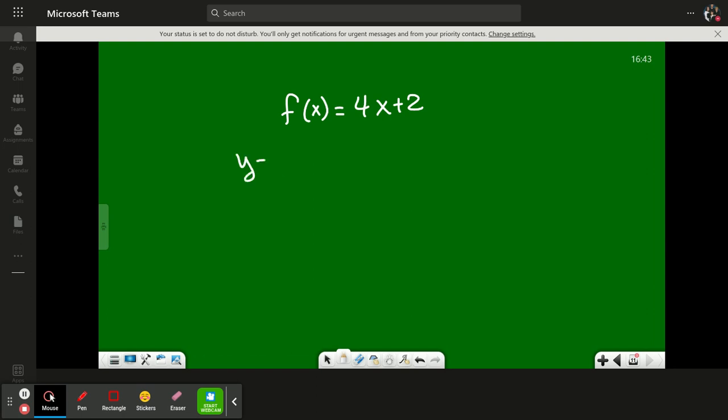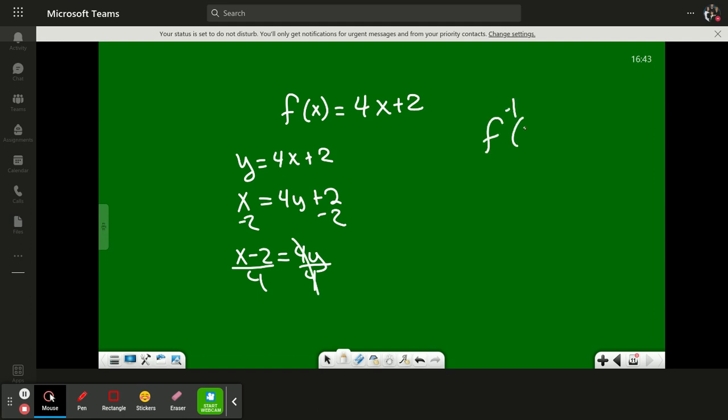So I have y equals 4x plus 2. And I'm going to swap: x equals 4y plus 2. Subtract that 2: x minus 2 equals 4y. Divide by that 4. And the inverse function of x is (x minus 2) over 4. And that couldn't be simplified further, because the 2 and the 4, there'd have to be something on the x term.